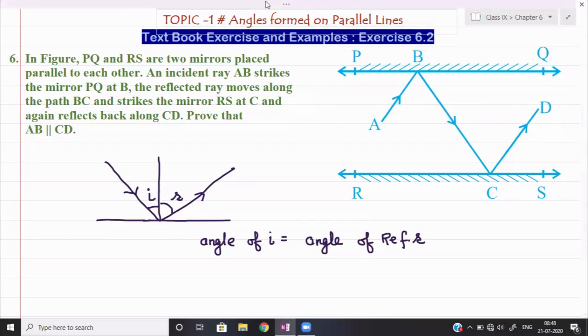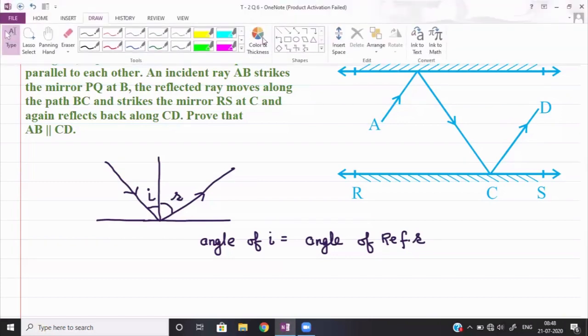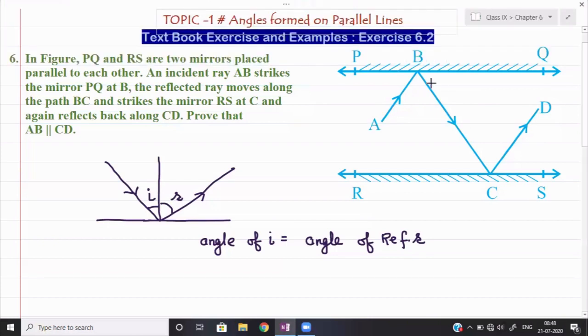For that, first of all, I need to draw one perpendicular. So one perpendicular I will draw at the point B on the line PQ. Like this. Okay, and in a similar way, is it correct? A little bit we can shift it here. Yes.